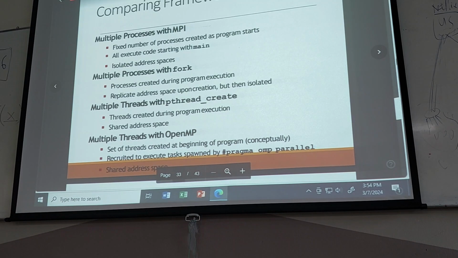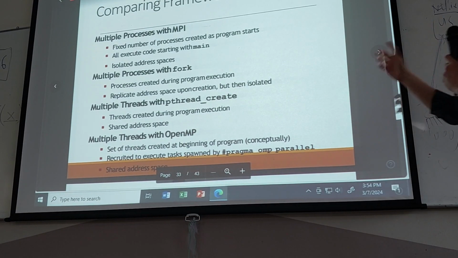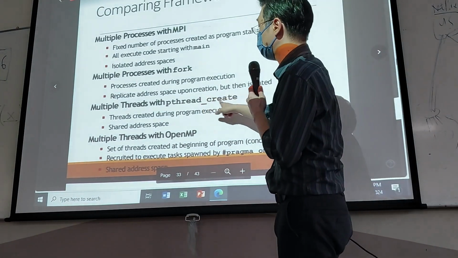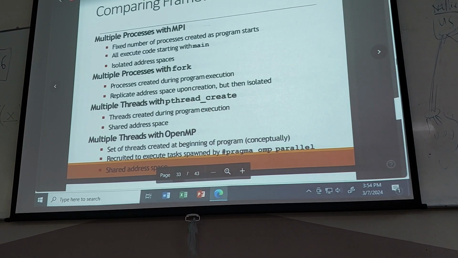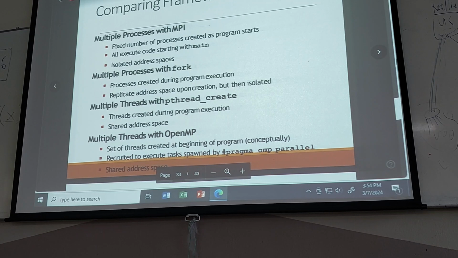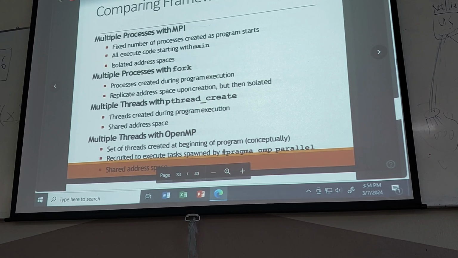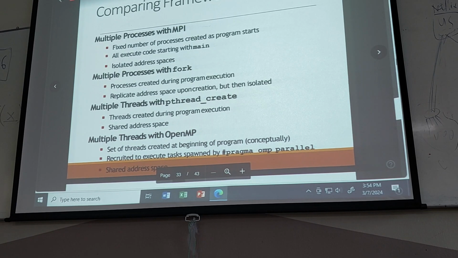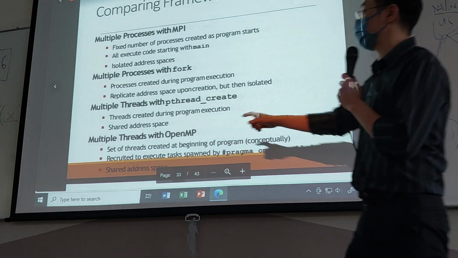Okay, and you have multiple threads with pthread create. You can use one process, but you create multiple threads using these pthreads, or we call it POSIX threads. Okay, this thread is created during the program execution, but then this one is shared. But this one must be on the same computer.